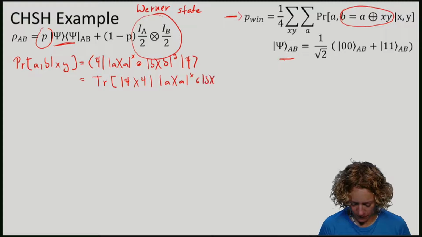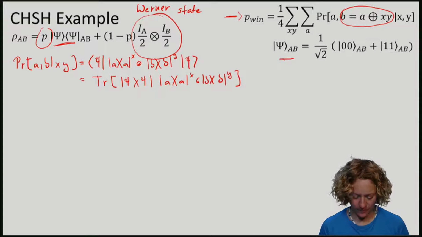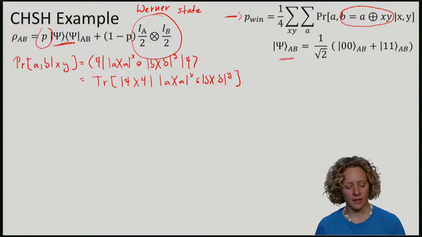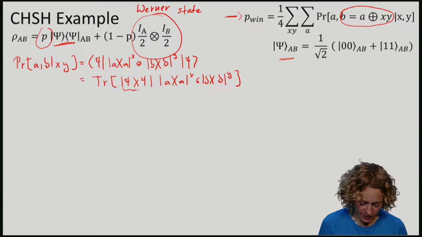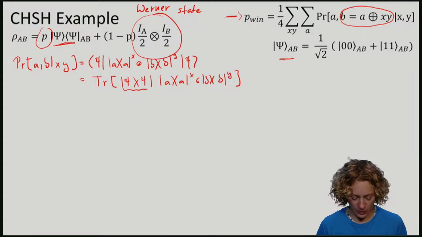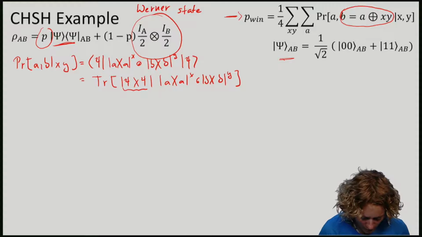Again, I'm just using the fact that the trace is cyclic. So now, if we use the Werner state instead of the EPR pair, what we can plug in here is just rho AB.